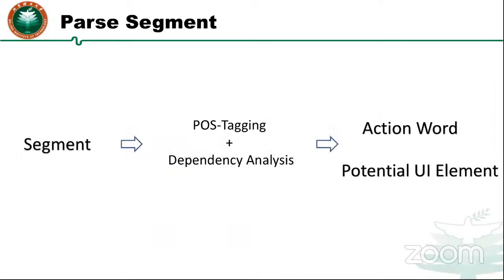We leverage POS tagging and dependency analysis to parse the segment. POS tagging is a process of marking up the words in a text or corpus as corresponding to a particular part of speech, based on both its definition as well as its context, that is, the relationship with adjacent and related words in a sentence.